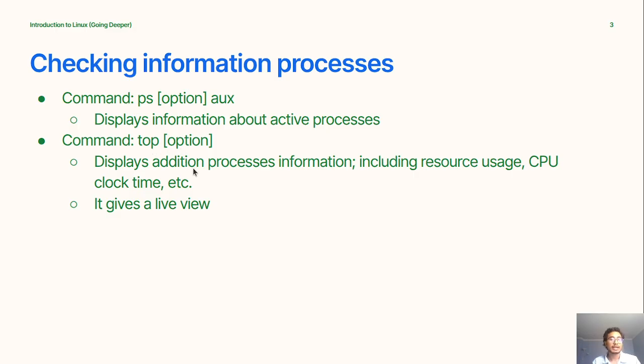It displays additional process information, including resource usage, CPU clock time, etc. And it also gives a live view. This command is going to be really helpful when you want to see the live view of the processes which are running on your machine. It is basically similar to the task manager in the Windows operating system.